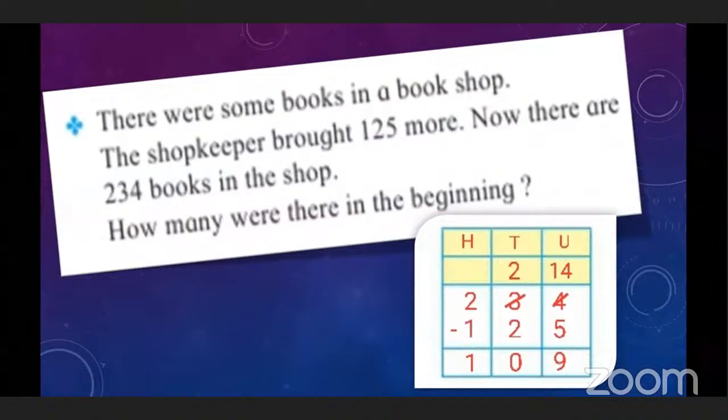So here we can see 109 books were there in the beginning. This will be the answer of our question. Understood, students?